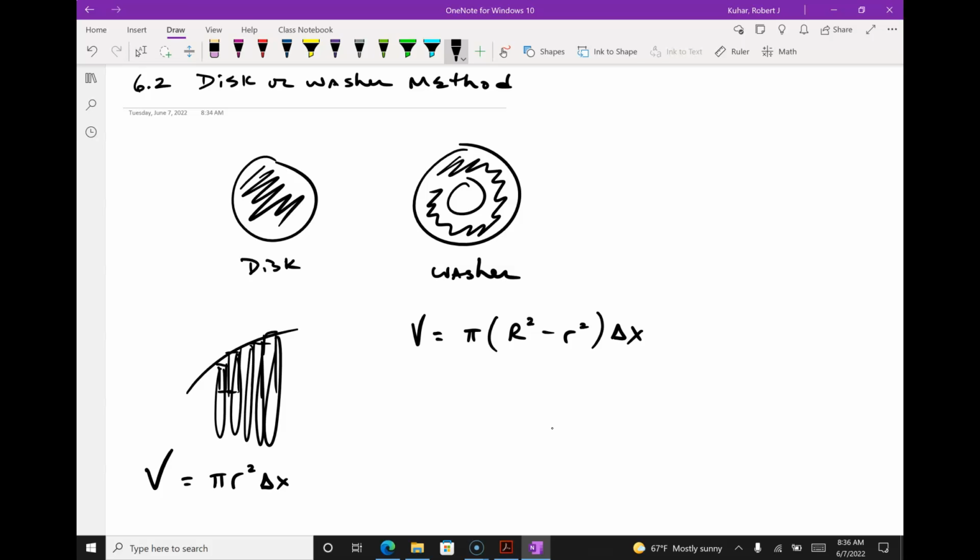You'll decide at the end whether you have a disc or a washer, and then you'll figure out your radii. And the way you do that is you draw a picture, and then you take a cross section.